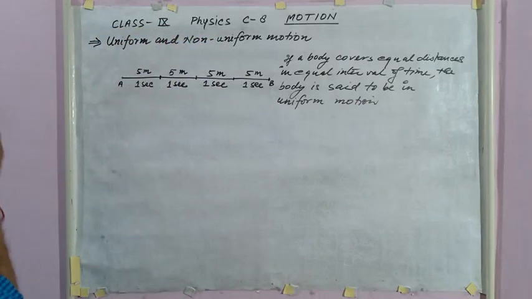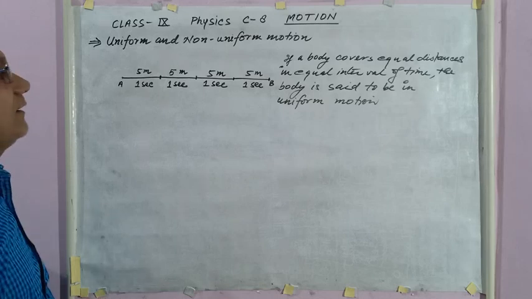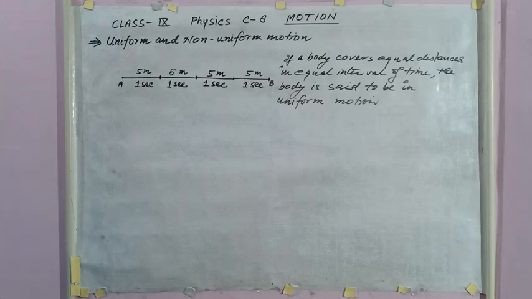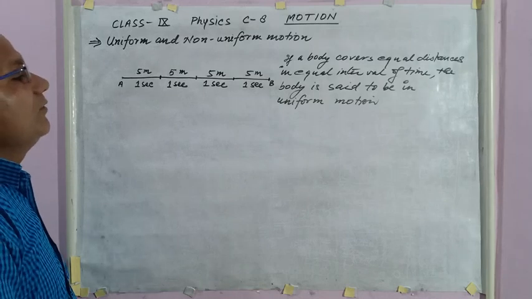So when a body covers equal distances in equal interval of time, the motion of the body is said to be uniform motion.